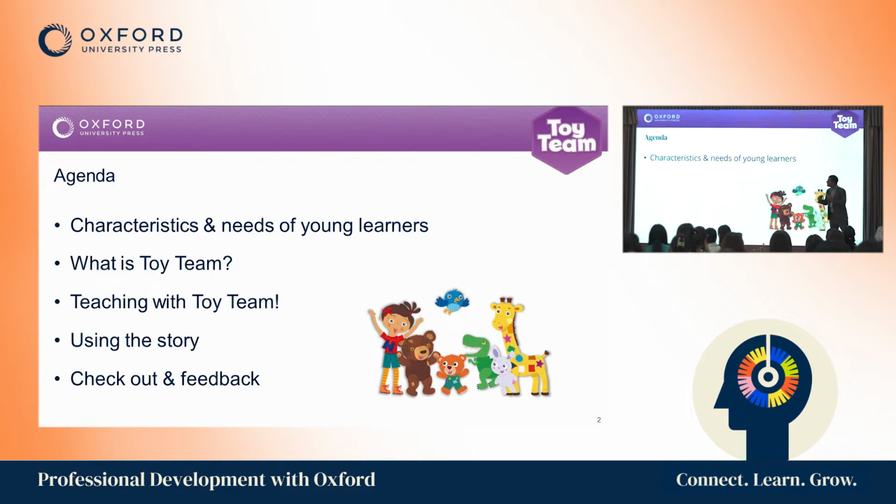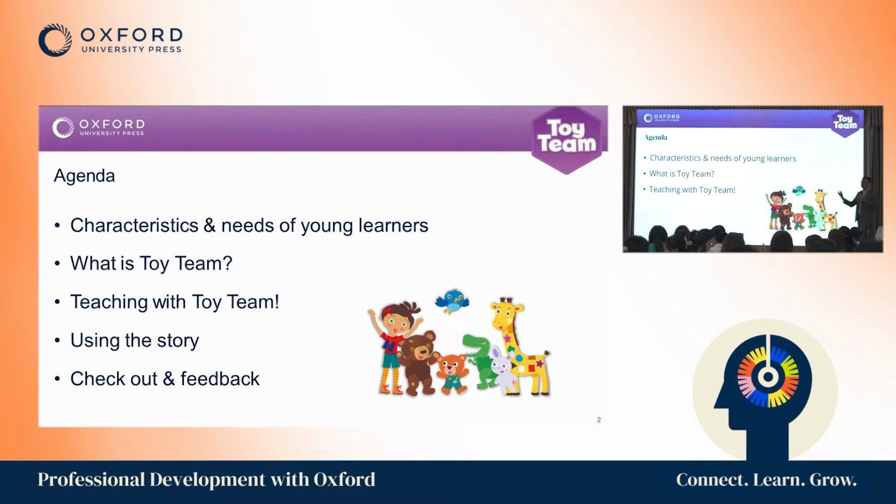So first we're going to look at the characteristics and the needs of young learners. What is a very young learner? Then look at what is Toy Team. If you're very observant, you'll see that there's Toy Team up there in the corner on the original slide. It's one of our new books. I'm going to just introduce it briefly today. Then we'll look at some practical ideas for teaching with Toy Team.